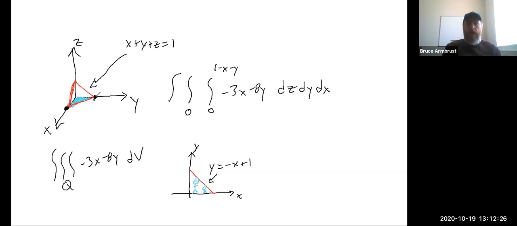And to find the points on the axes, it's really easy. You let the other two letters equal 0. So like on the y-axis, you let x and z equal 0, which gives us y equals 1. So this is up at y equals 1. For the x-axis, you let y and z equal 0. That's also 1. So now you can do your good old slope is -1, your y-intercept is 1. So you get negative x plus 1.